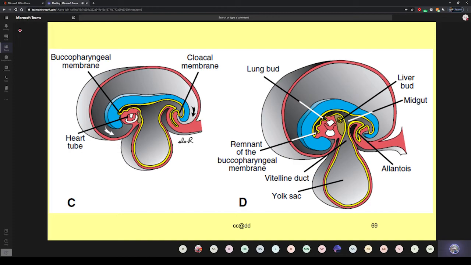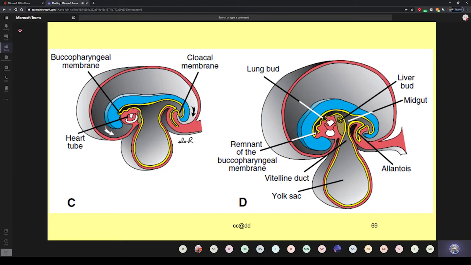Whereas when you saw the lateral plate mesoderm in the previous slides, the formation of body cavities, they were more to do with the lateral foldings of the embryo. Again, I will be repeating this fact that we are talking about changes in the embryonic disc due to lot of cellular division, formation of germ layers, and their derivatives.